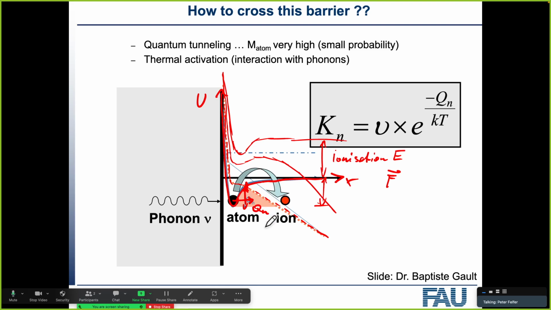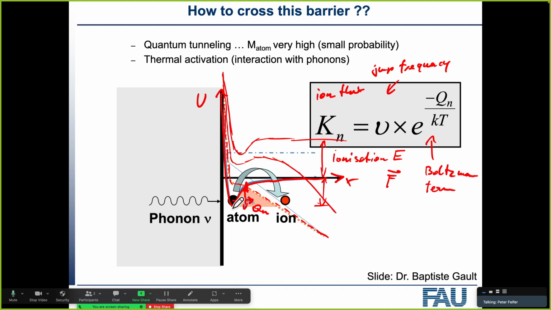And then the ion flux would be some kind of jump frequency times a Boltzmann term, which is just the probability to overcome this energy barrier.